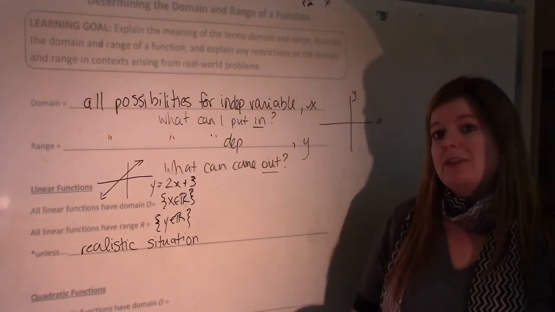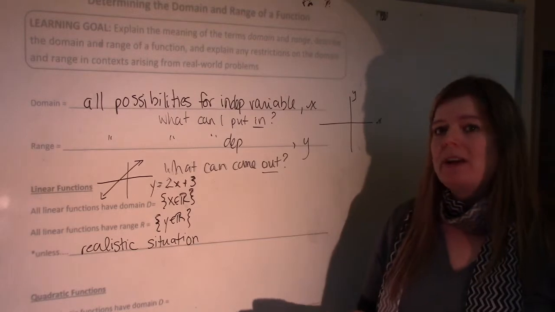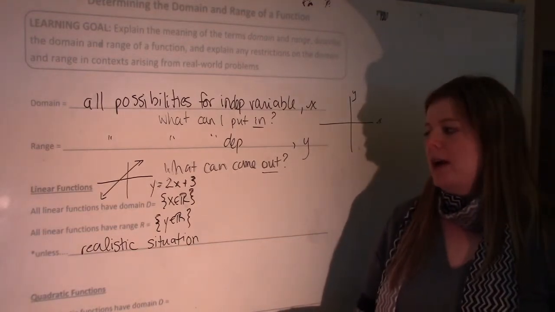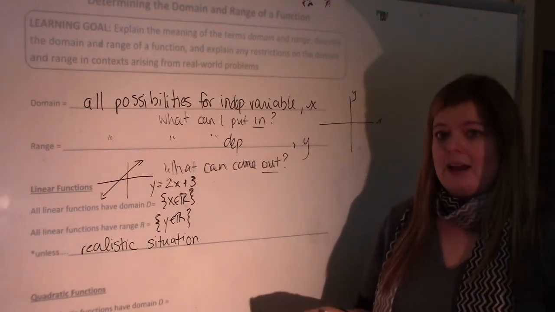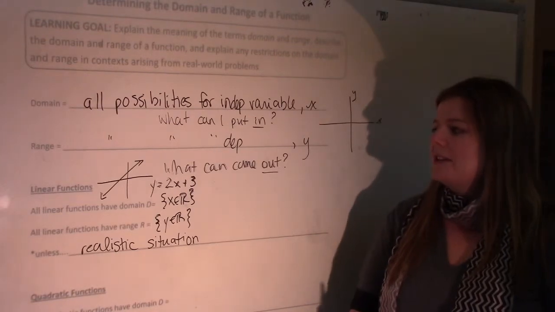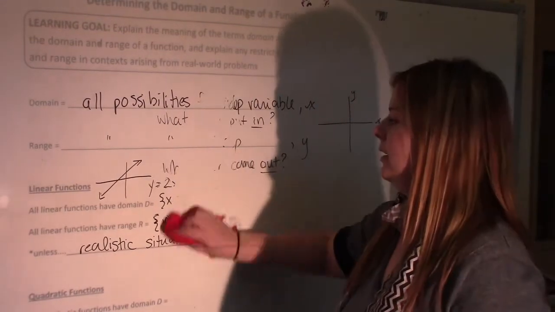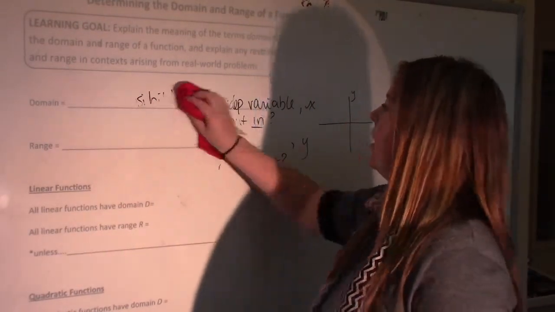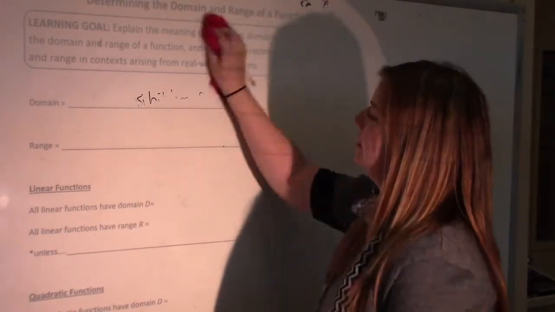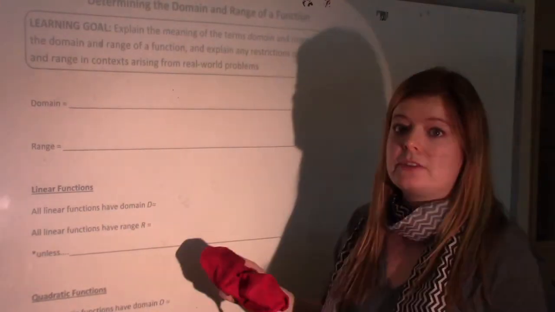So it would again have to be above 0, but it could be any real number above 0 because you could have a decimal or something like that for price. So you have to look at the situation to determine what your domain and range is if it's a realistic situation. Otherwise, for linear functions, they always have any real number for domain and range.